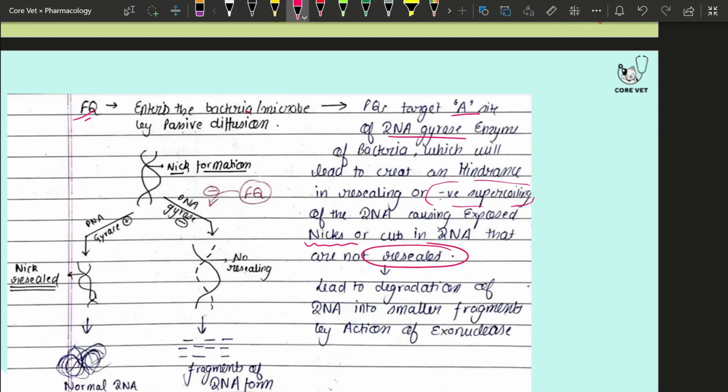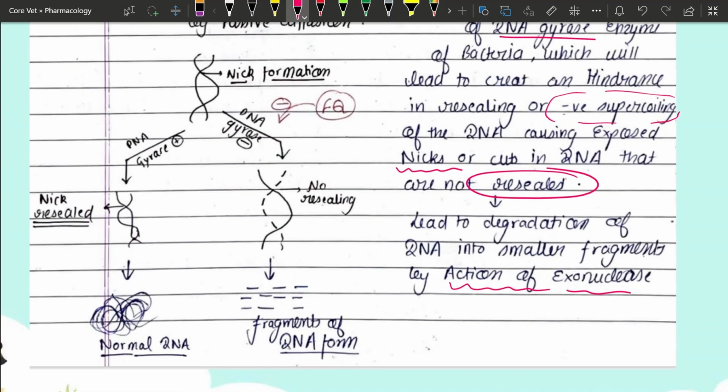If the nicks are not going to be resealed, there would be disintegration of the DNA fragments, right? And there would also be an action of the exonuclease there, right? So you can see over here the formation of the nick was there, right? And in the presence of the DNA gyrase, you can see there would be normal DNA replication, right?